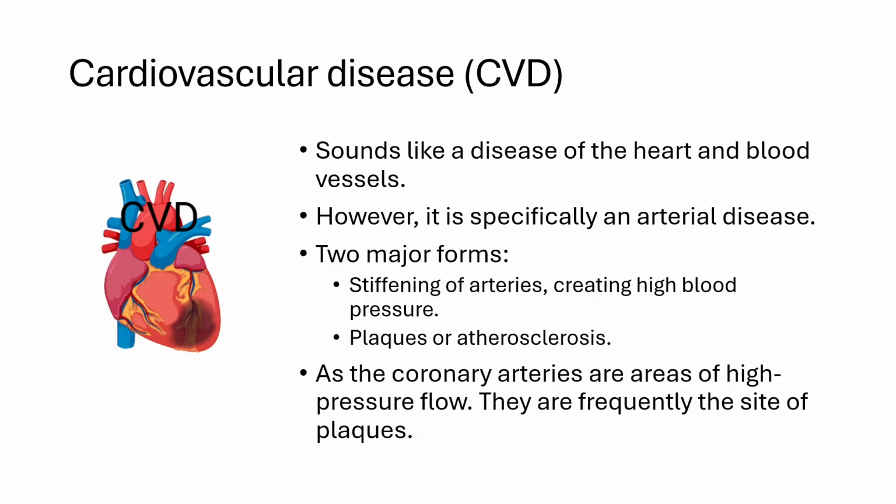We have the stiffening of the arteries creating high blood pressure, and we have the formation of plaques, which we call atherosclerosis, the formation of atherosclerotic plaques in our arteries. And the reason it's so associated with our cardiovascular system is because the coronary arteries, which feed our heart, have such high blood pressure, and they are frequently the sites of these plaques. That's why we call it cardiovascular disease.